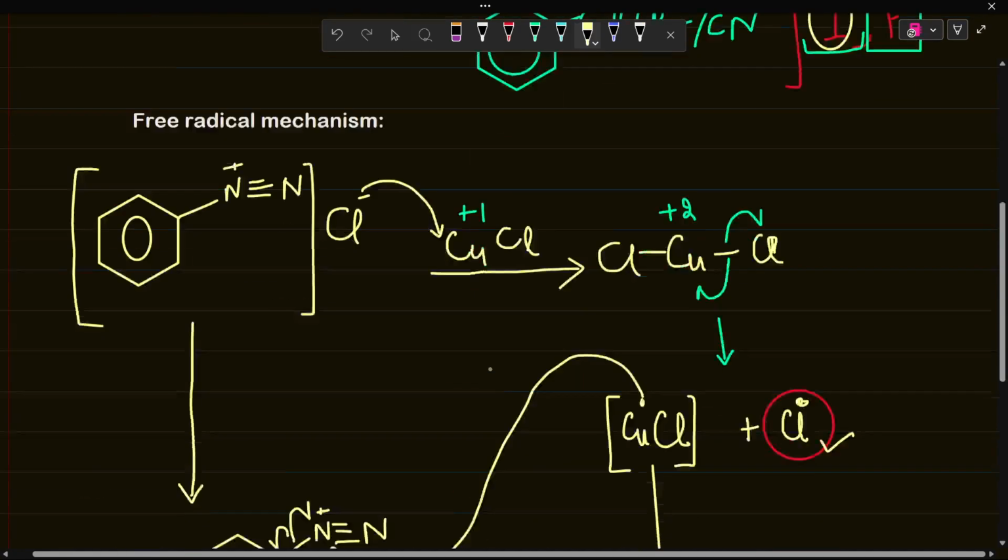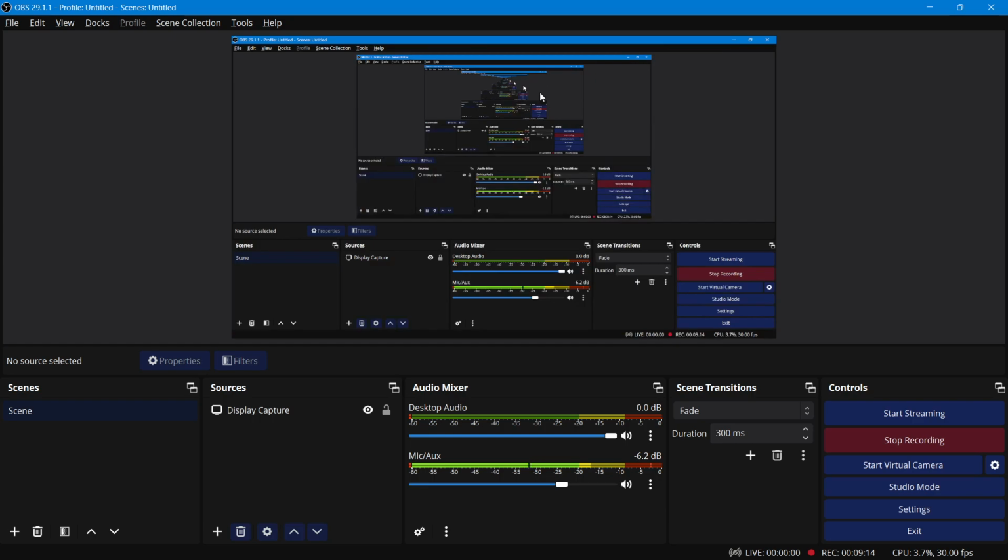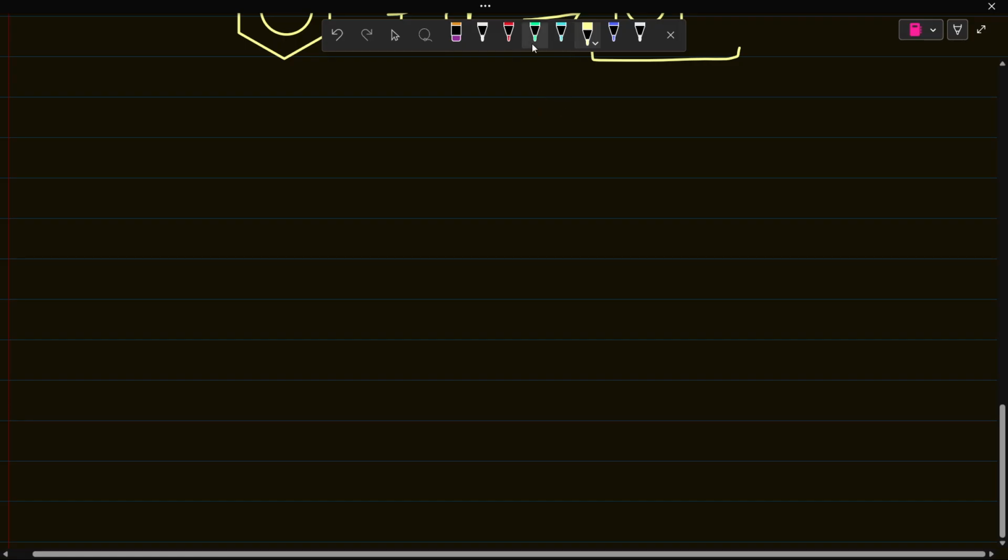So this is how it proceeds. I hope you have understood it. Okay, so let's also take the reaction mechanism for Br.